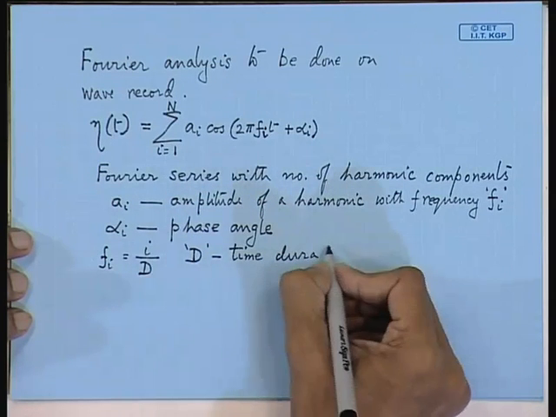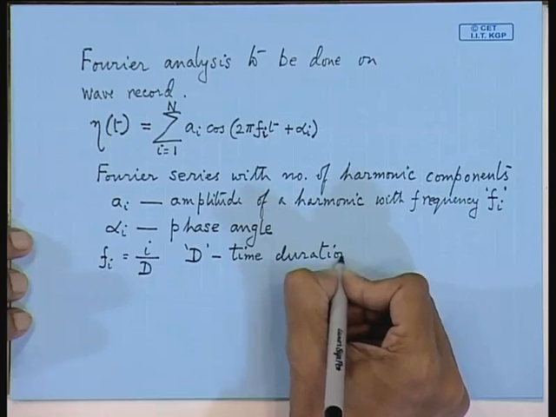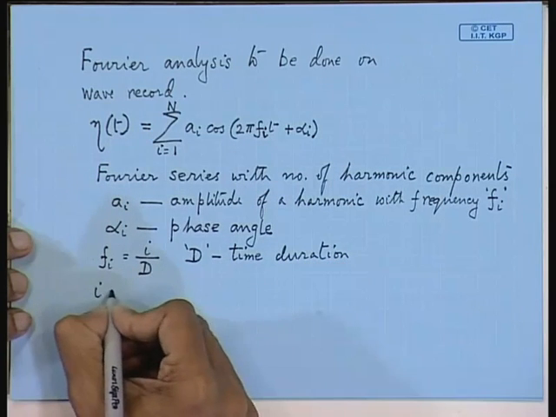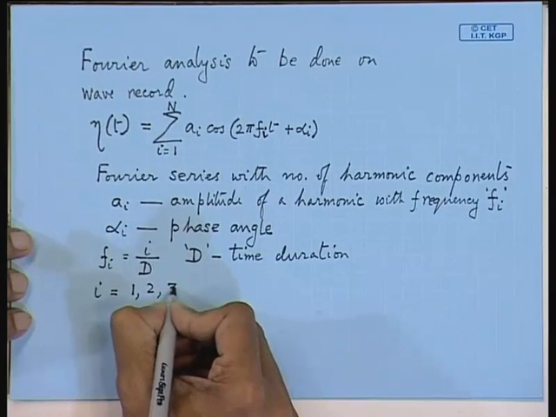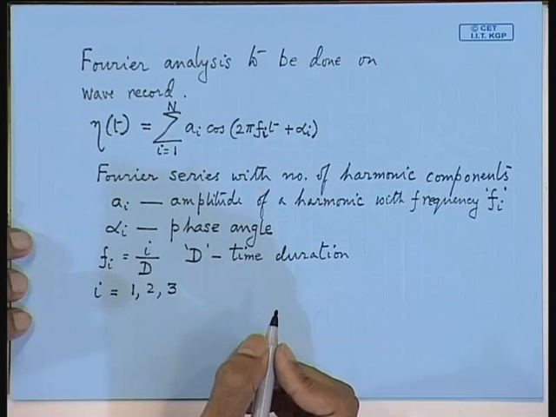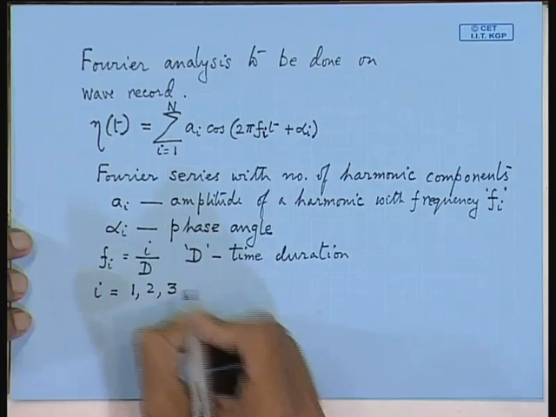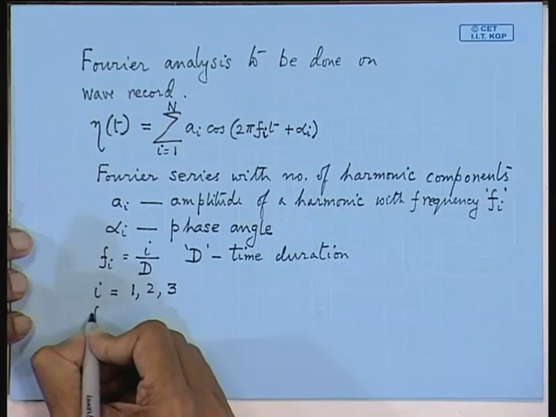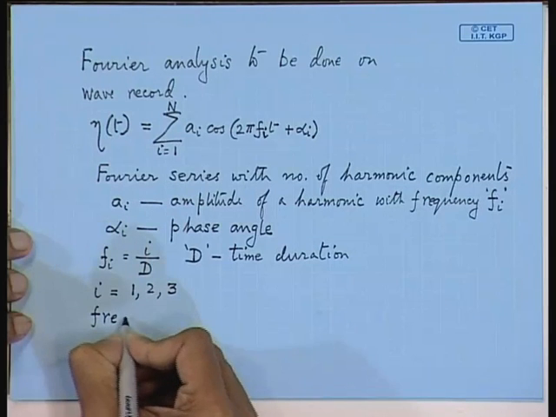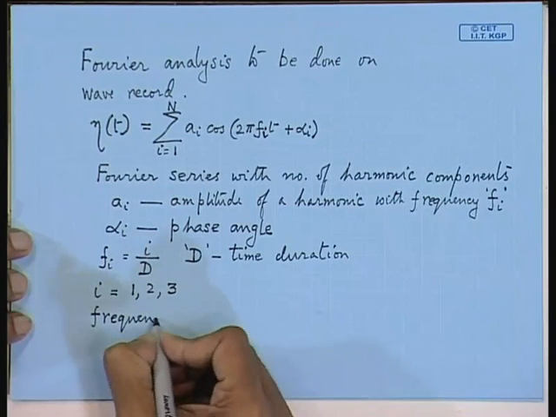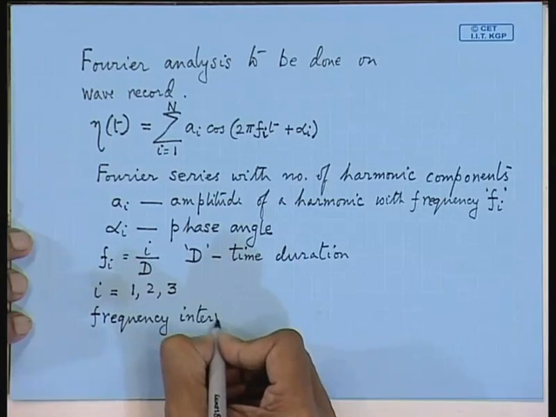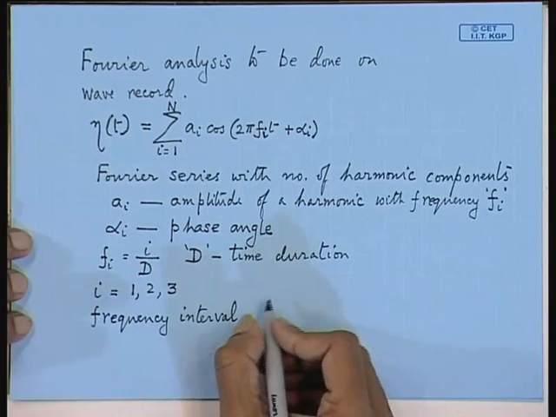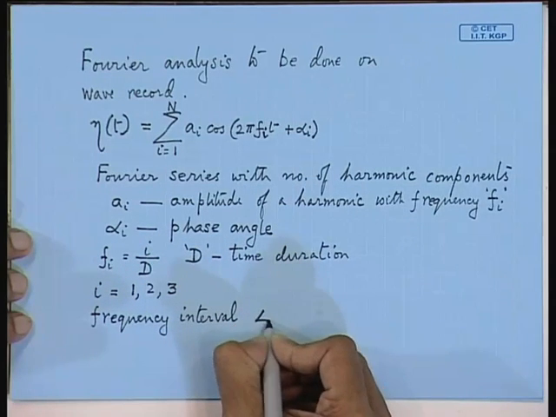Now, we are getting number of frequencies from this time duration according to the values of i. Now, i you can give 1, 2, 3 like these values. So, if you give 1, 2, 3, then what is your frequency interval? Frequency interval is delta f, and how much is that?